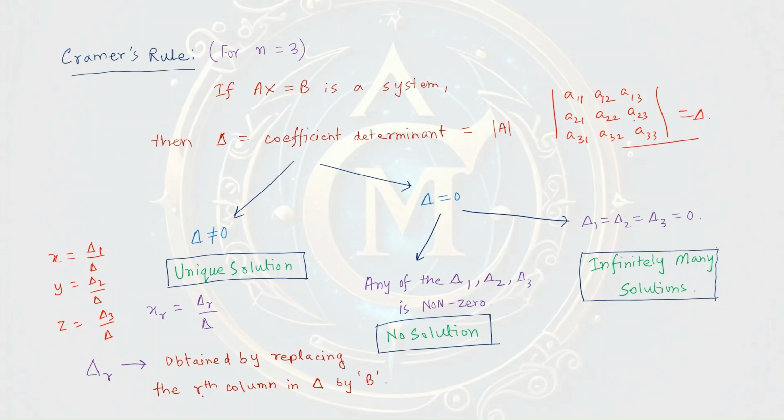We have to simply replace the rth column by the matrix B. So B is B1, B2, B3 for three variables.